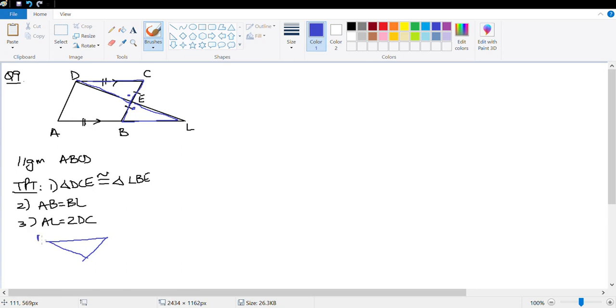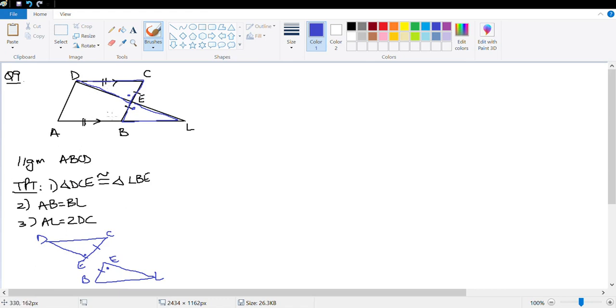So this is D, C and E. This is E, B and L. So this angle and this angle will be equal. They are vertically opposite. Anything else that I can prove as equal? Yes, CE and BE are given equal because E is the midpoint.